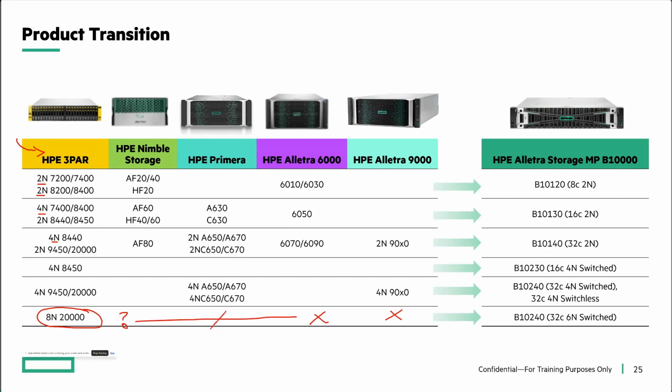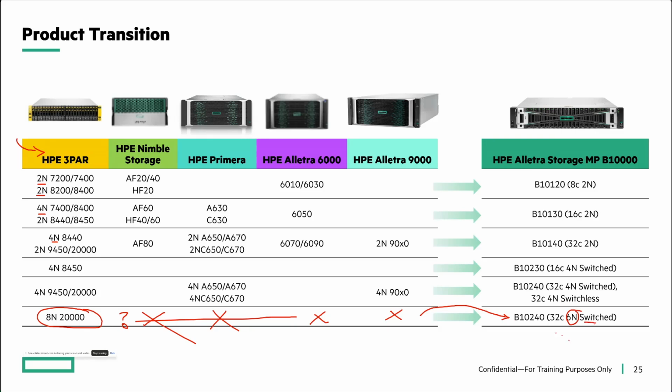So you see what happened, right? The 8-node system, we don't have a replacement product in the Primera 600. We don't have a replacement system in the Alletra 9000, right? So the closest right now that is coming is the 6-node switch architecture.